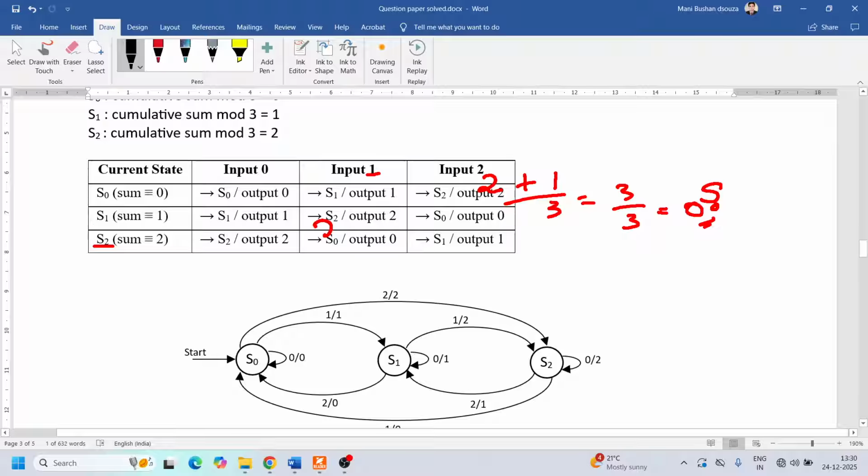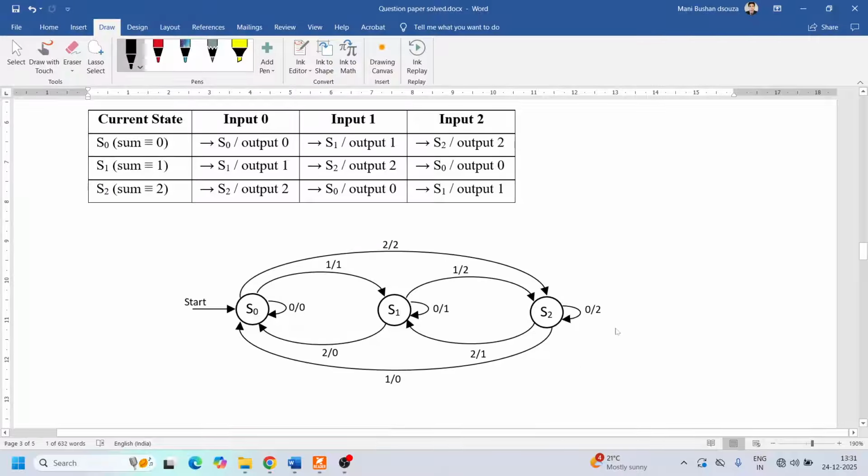So from the S2 state, if you give 1 to it, you will come back to the S0 state, and this is represented by this arrow.